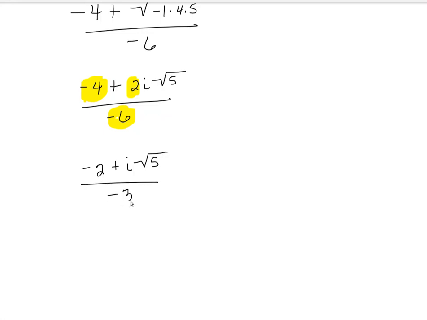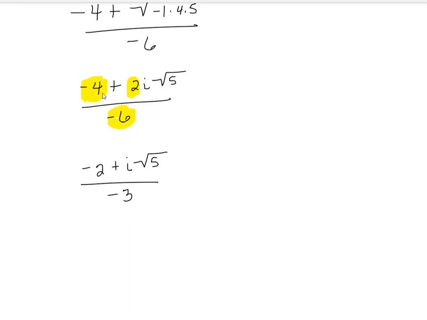over -3. Now, it seems like that would be a fine answer because there's nothing else that goes into all of those numbers. But my math lab does not like negatives in the denominator, so really we need to get rid of that negative.